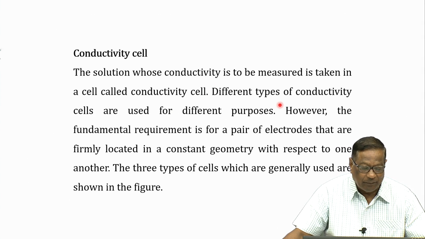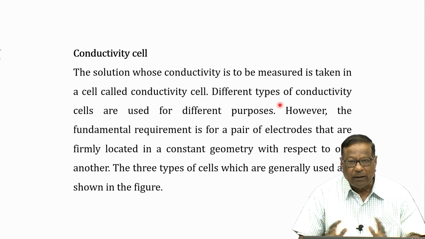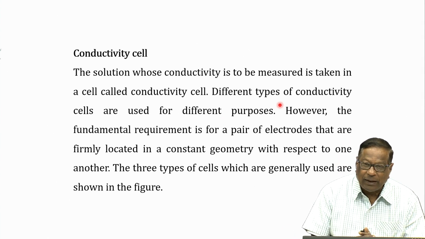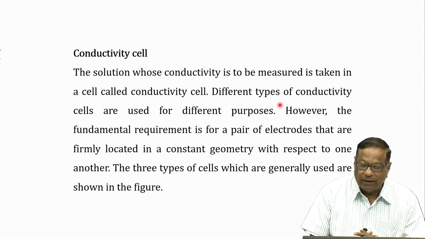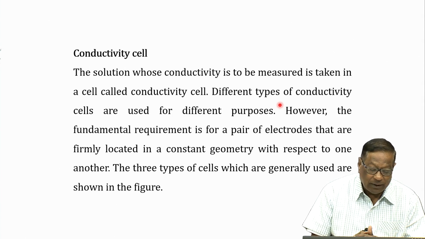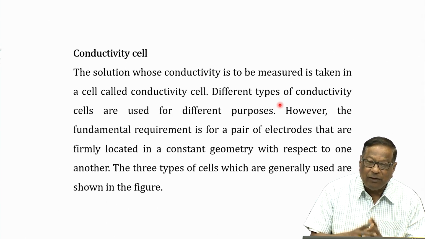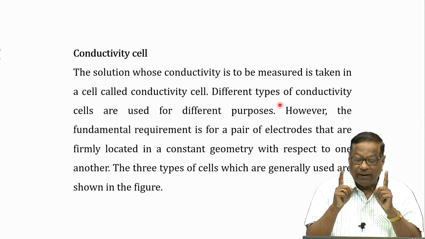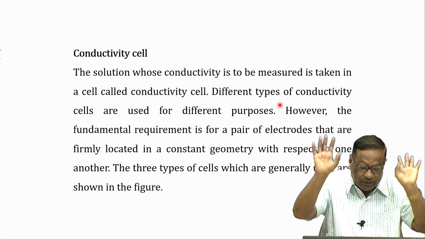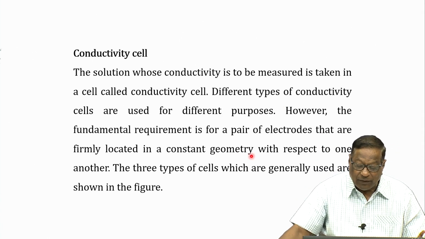This is a simple conductance bridge. So, what is a conductivity cell? The solution whose conductivity is to be measured is taken in a cell called a conductivity cell. Different types of conductivity cells are used for different purposes. However, the fundamental requirement is for having a pair of electrodes that are firmly located and connected to wires outside in a fixed geometry.